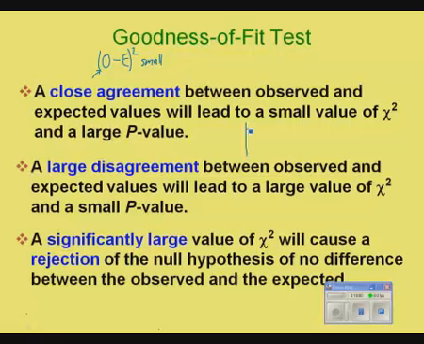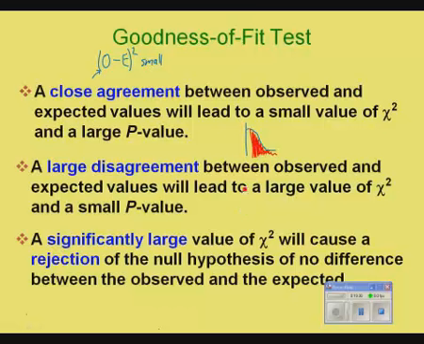Why? Because here's the picture. Remember, that's what chi squared looks like. If you have a small chi squared, meaning farther to the left, look how large the p-value is going to be. Remember, p-value is the area after the test statistic. Right? Jim? Well, that's a good question. We'll get to that.